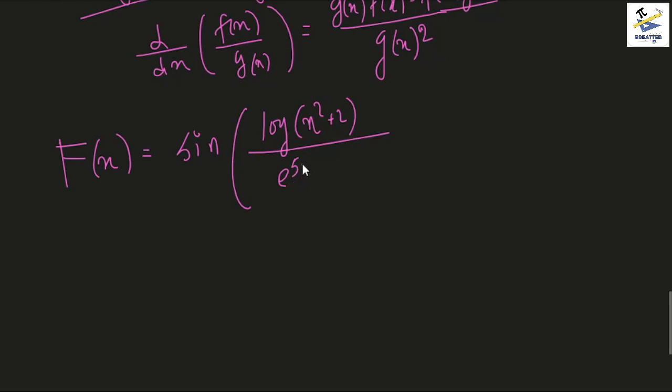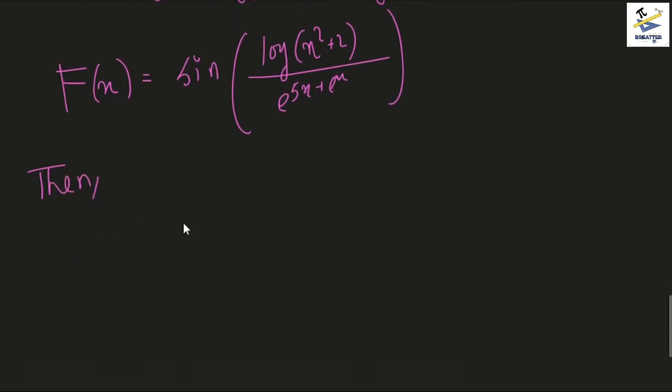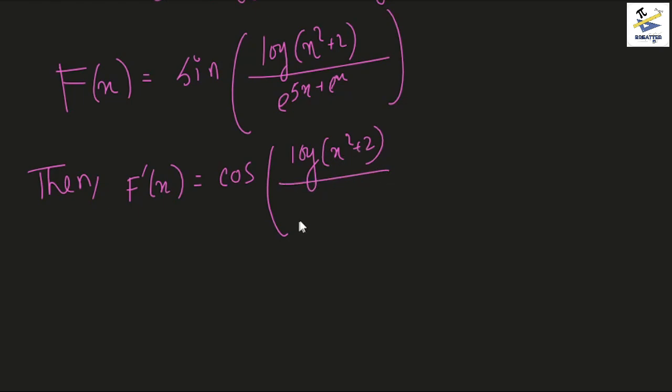Then F dash x would be, firstly, the derivative of sin x is cos x, so we first have this, multiplied by the part where we do the f(x) by g(x) thing.